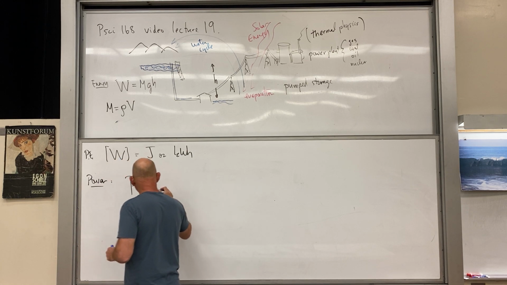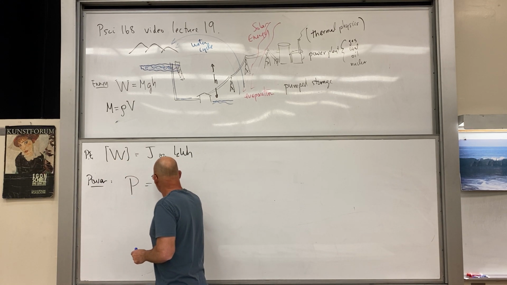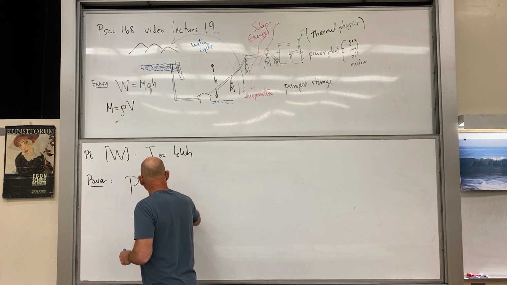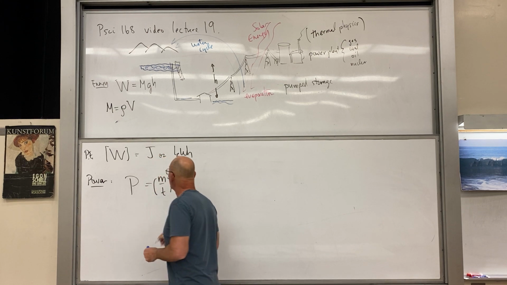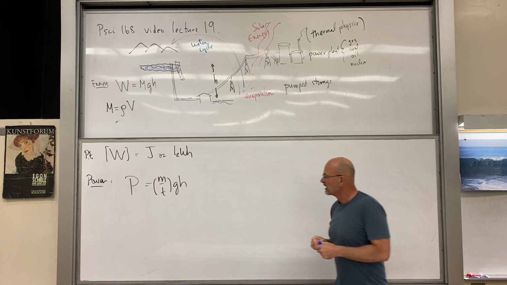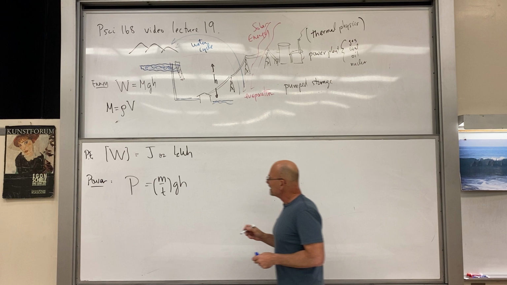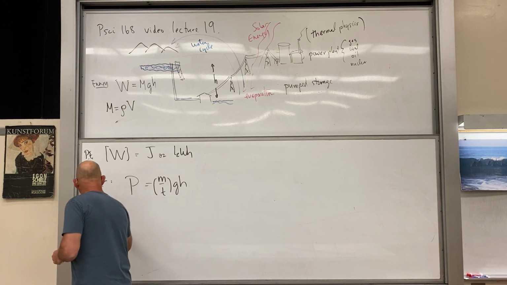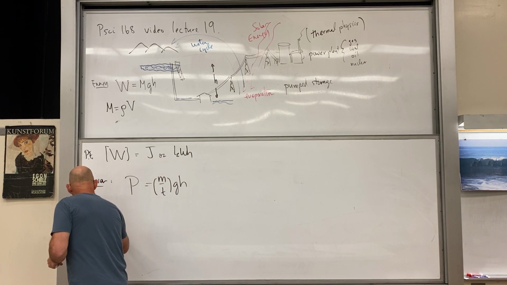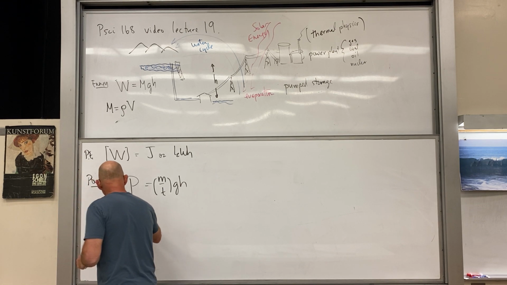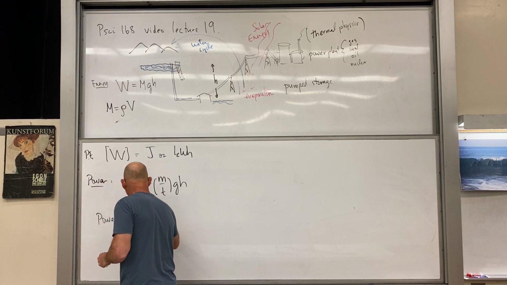Yeah, so we have that, and then we have the power formula. And this is in watts. It's that flow rate times g times H. And finally, we also know that, very generally, power equals energy per time, joules per second.